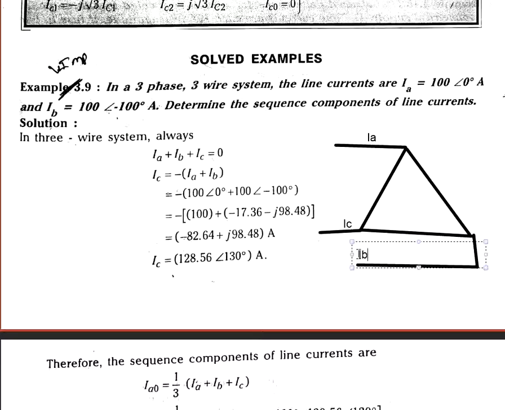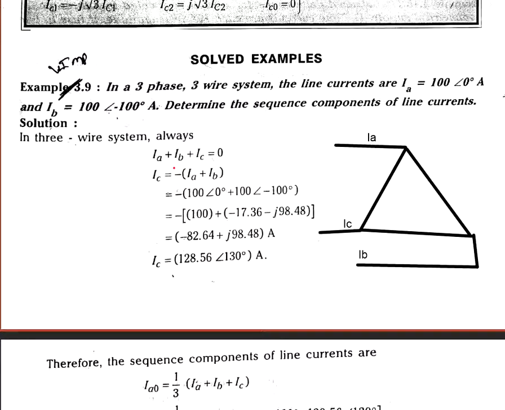So we have been given IA is 100 at an angle 0 and IB is 100 at an angle minus 100, and IC we need to find.